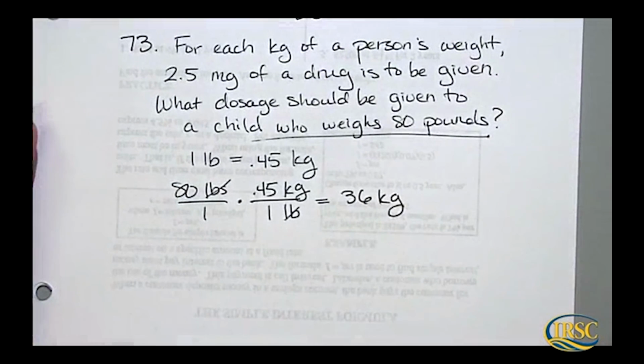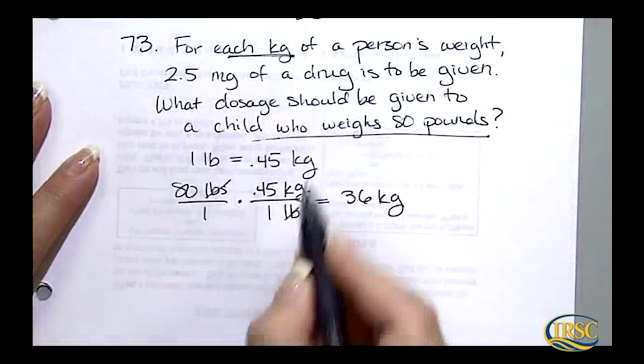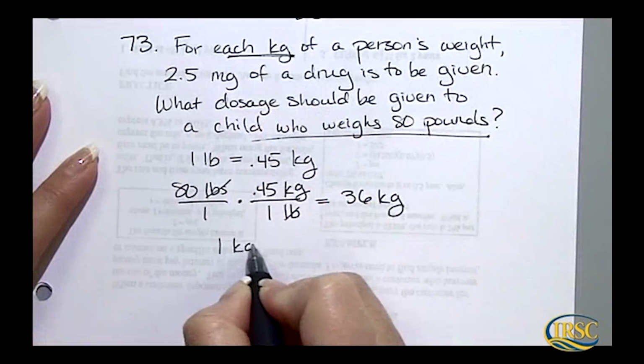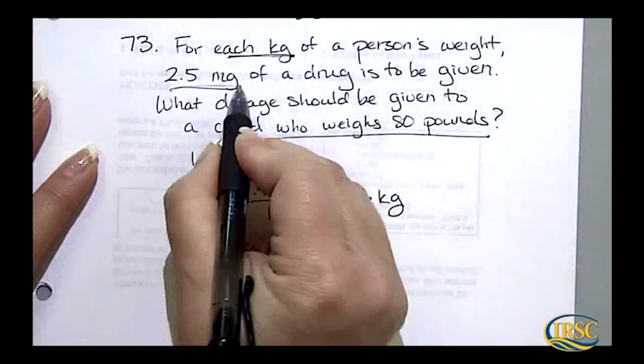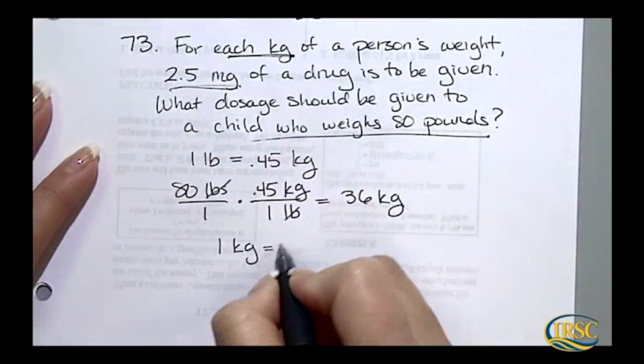And now we have to figure out how much to give the child. Now again, if you're not sure whether to multiply or divide, you can still use dimensional analysis for this part, because it tells us for each kilogram, so for 1 kilogram, we're supposed to give 2.5 milligrams of the drug.